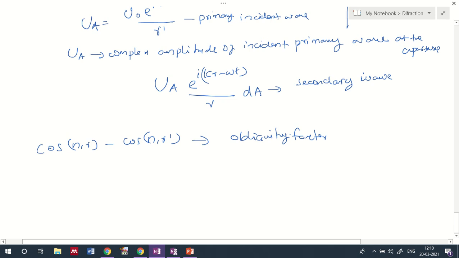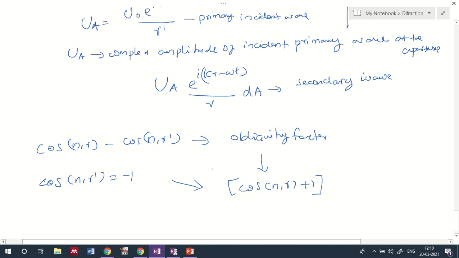In the case under discussion, cos n r dash is equal to minus 1, so the obliquity factor will be cos n r plus 1.